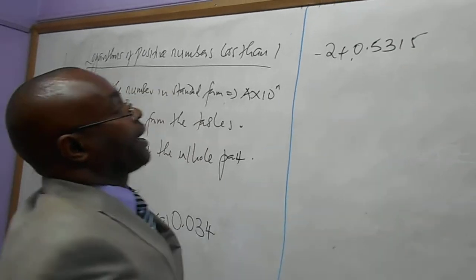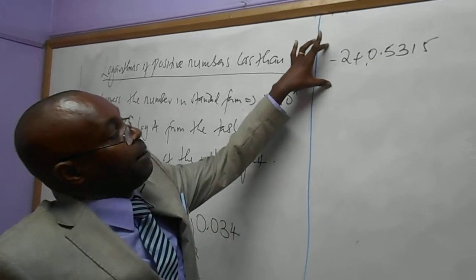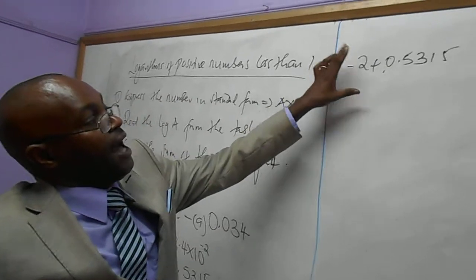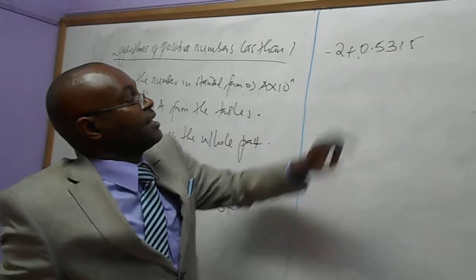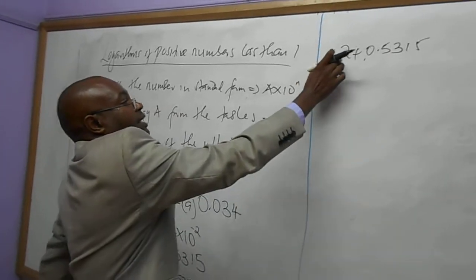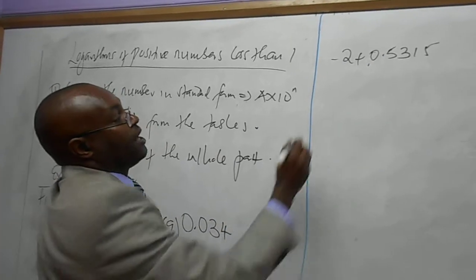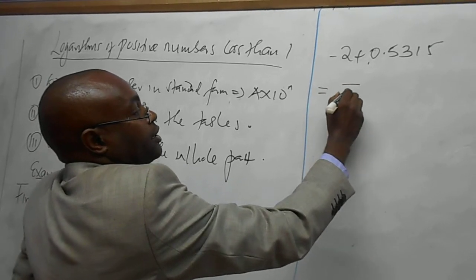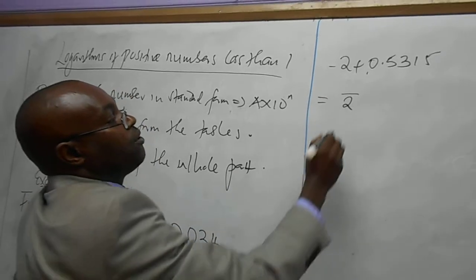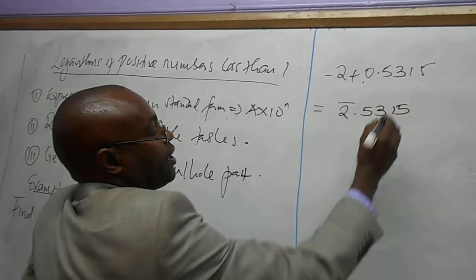Again, remember we said logarithm has 2 parts: the whole number part, which is the characteristic, and the decimal part, which is the mantissa. So this negative 2 is added to 0 to give us negative 2, and therefore this is expressed as bar 2.5315.